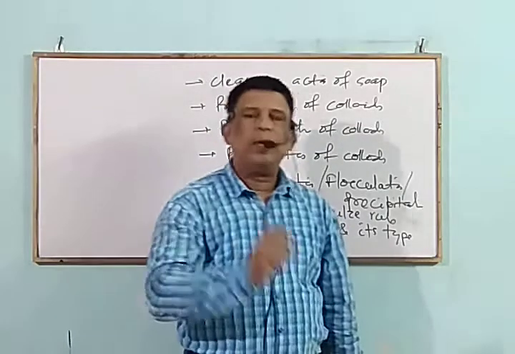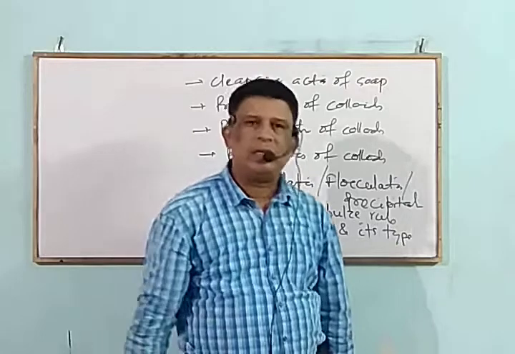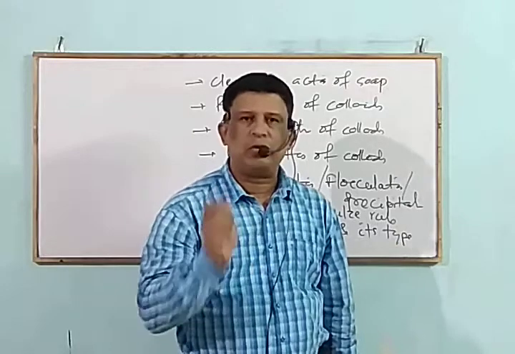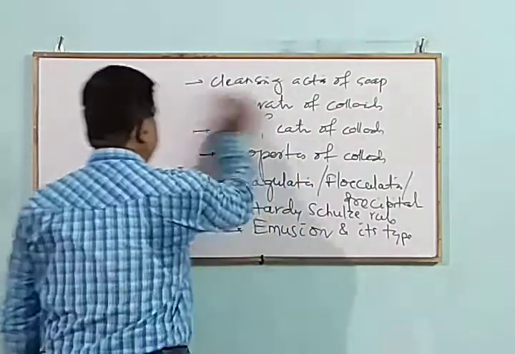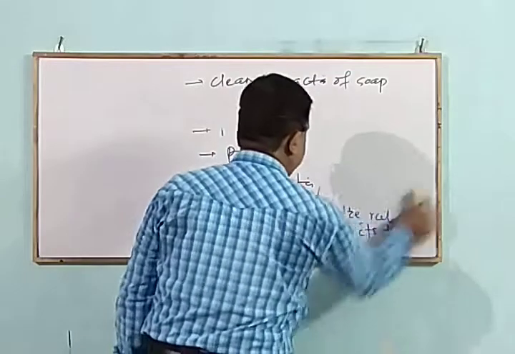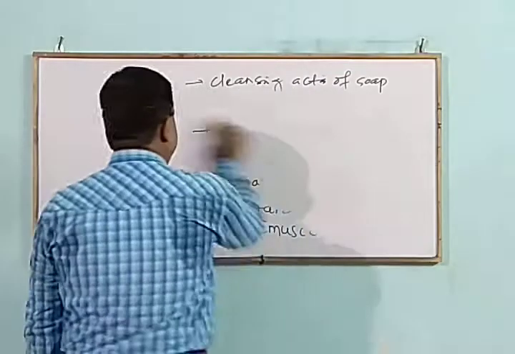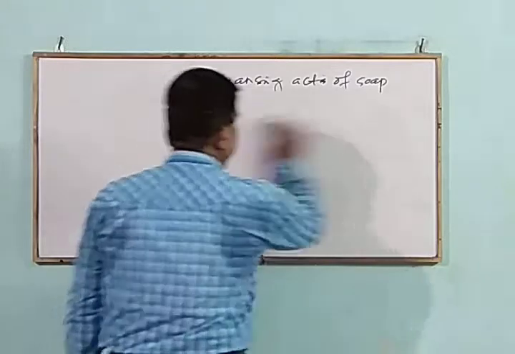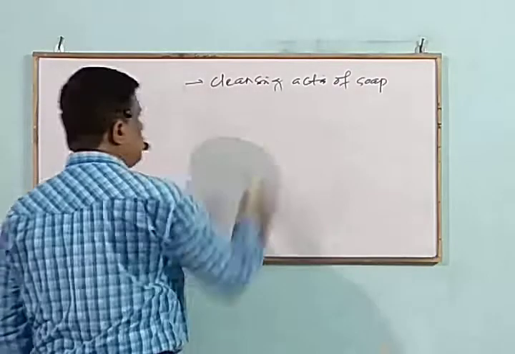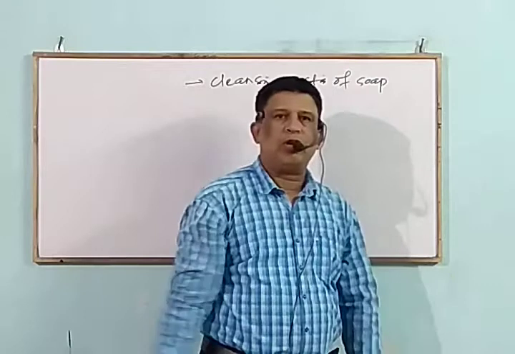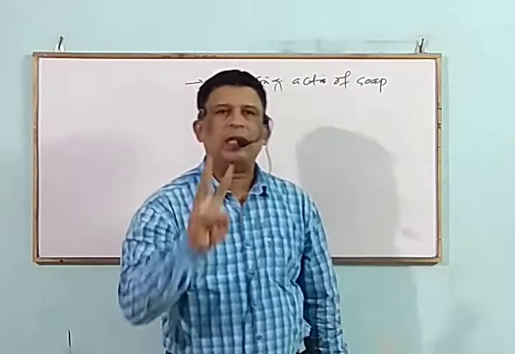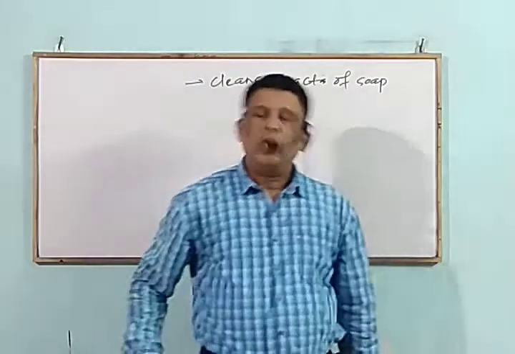First is formation of ionic micelle, that means the cleansing action of soap. It is very important. Write short notes on cleansing action of soap or formation of micelle, a 3 mark question. We know what soap is.